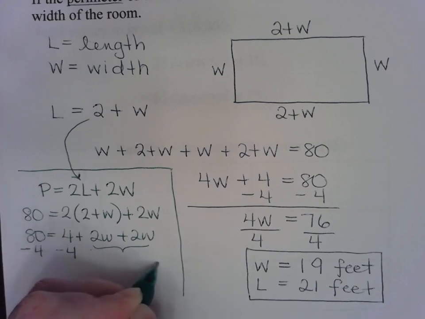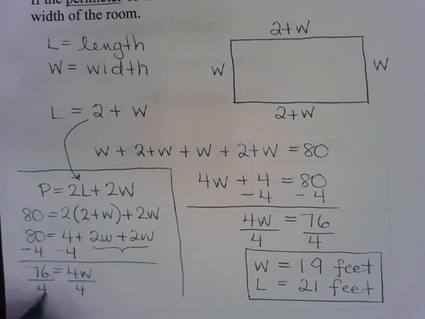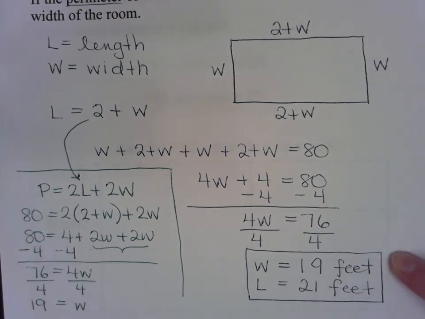I'm going to do that at the same time. And then we're going to divide. And we're definitely going to get the same 19 feet that we got with this method. So either of these methods are fine. Whichever you feel more comfortable with works both ways.